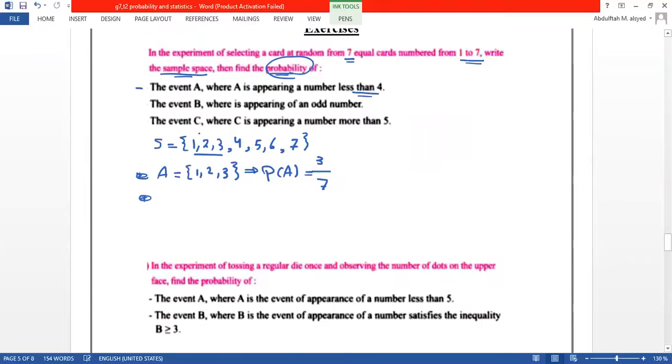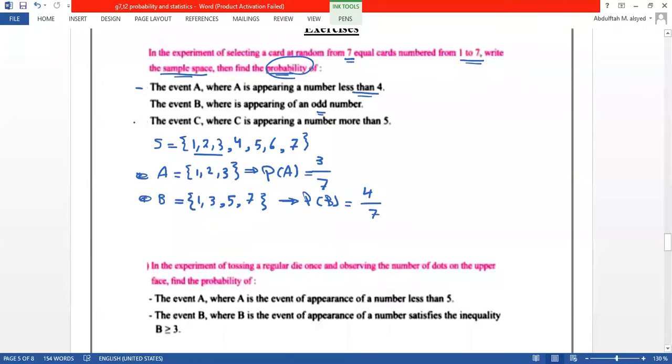Second required, event B. The event B is the appearance of an odd number. What are the odd numbers in the sample space? Odd numbers are 1, 3, 5, and 7. The probability of B equals the count, 4, over the total number of the sample space, 7.